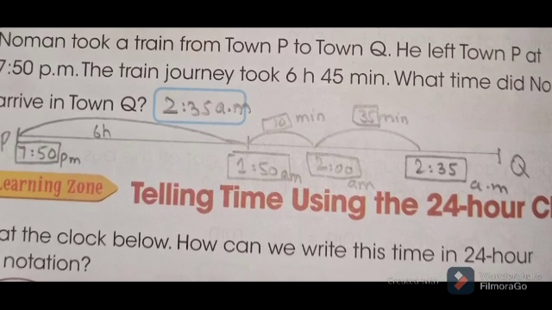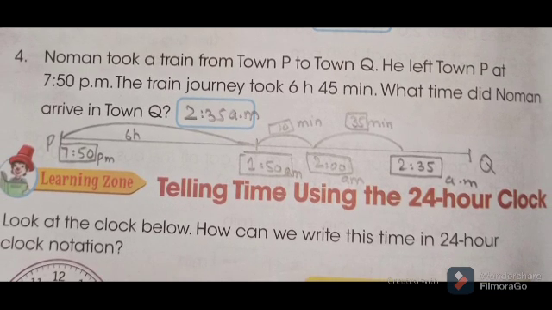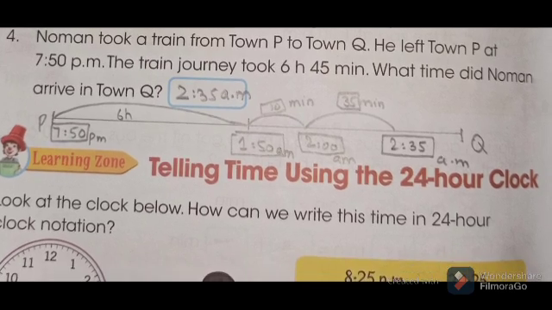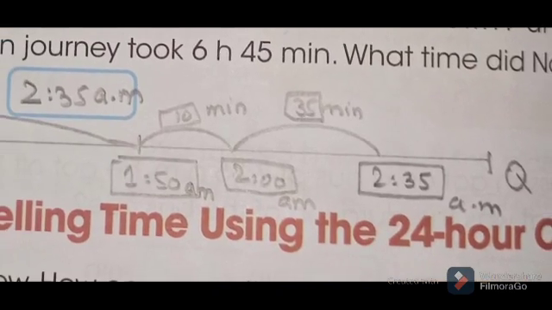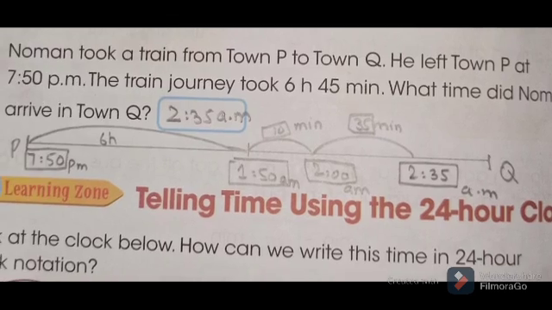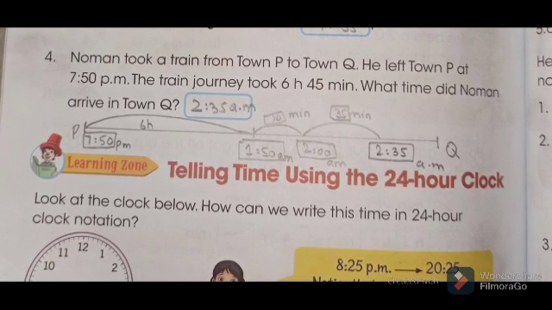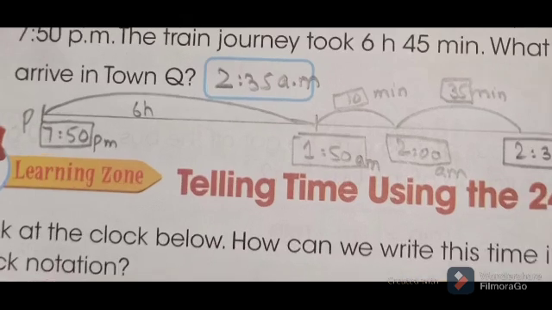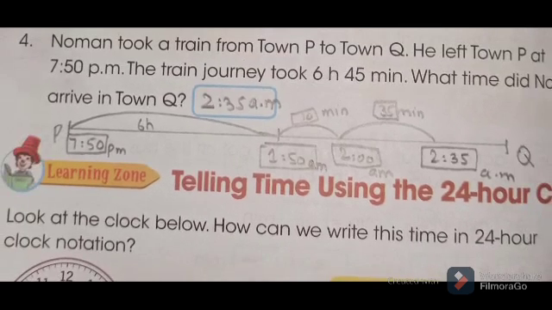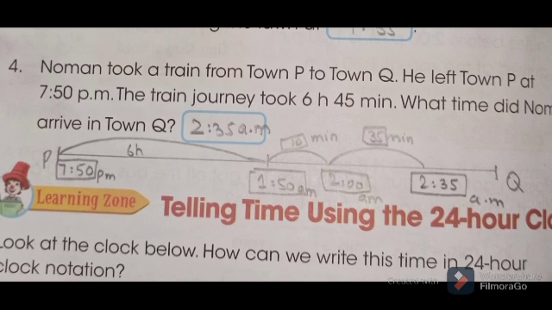Dear students, here we have to draw a timeline by ourselves, and the ending time is unknown. The starting time is 7:50. After 6 hours, if we count on in hours, the time will be 1:50. Now we will round off the hour by counting 10 minutes.